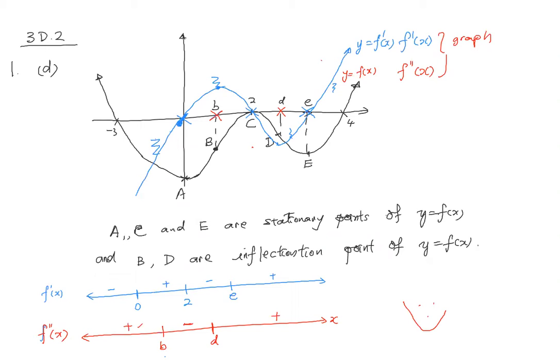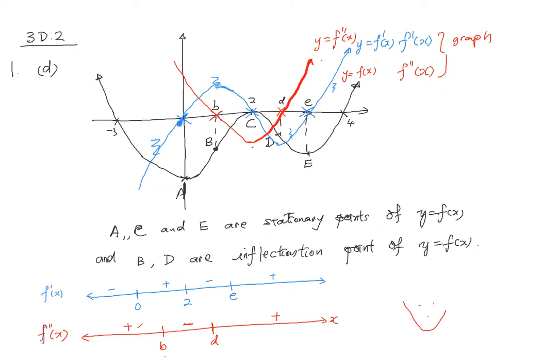So how do you go? Okay, so go. So this is your y equal to f double prime x.